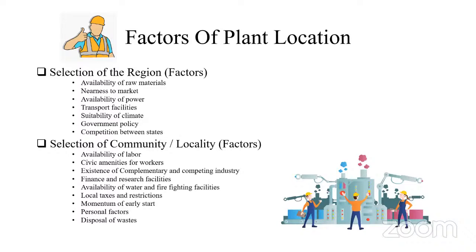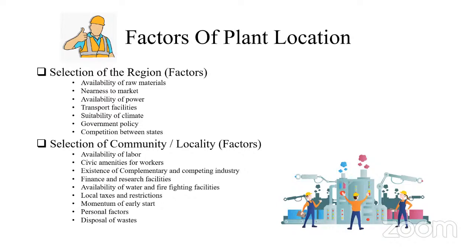Everyone is aware that today's market is growing at a vast rate, and competition is influencing each other. We have to be better than the others. Selection of community, locality, availability of labor.